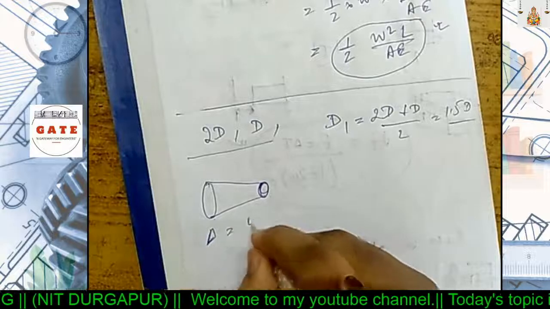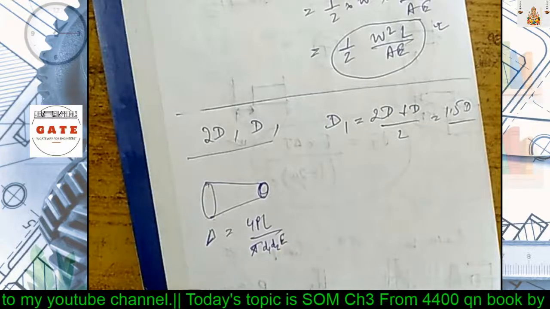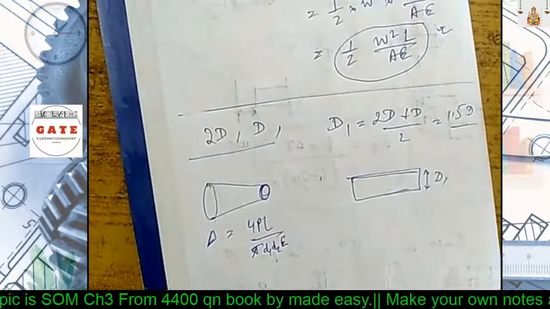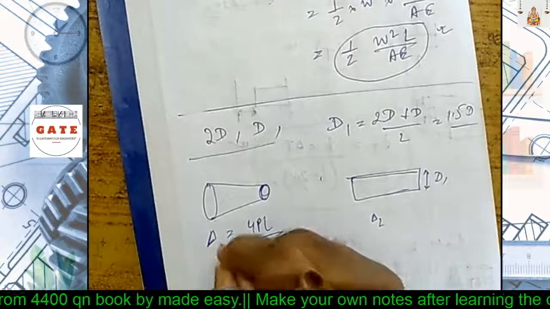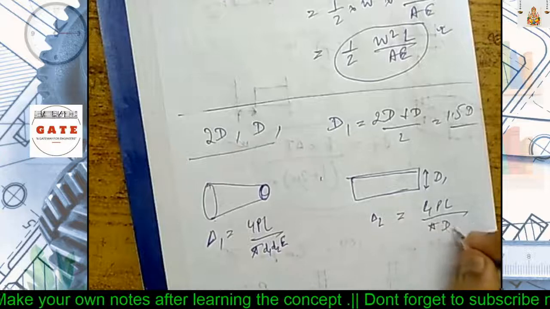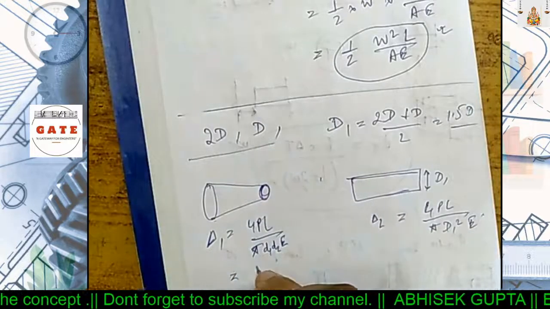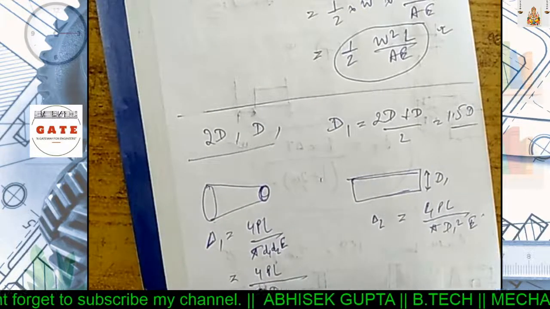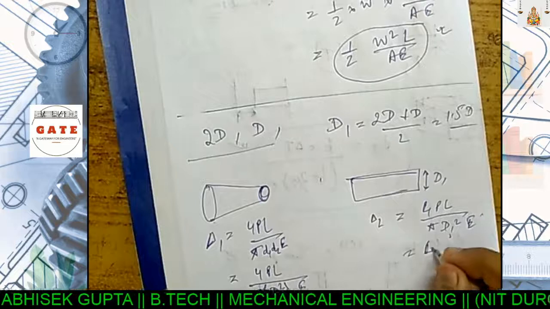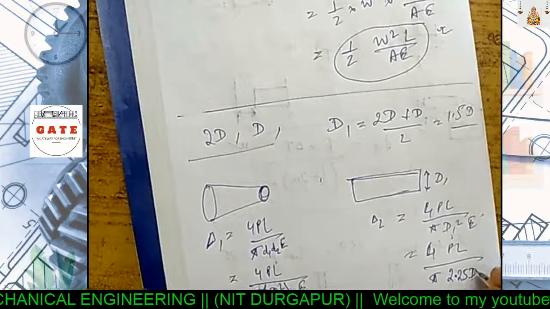So here delta 1 is 4 PL upon pi D1 D2 E, and when average diameter, this is capital D1, delta 2 is 4 PL upon pi D1 square E. Here D1 is 2D and capital D. So 4 PL upon pi 2 capital D square E, and here D1 is 1.5, so 4 PL upon pi 1.5 square, which is 2.25 D square E.